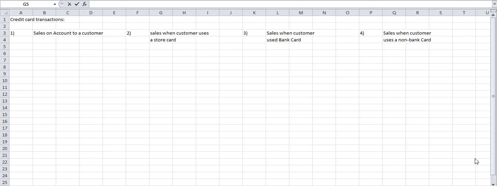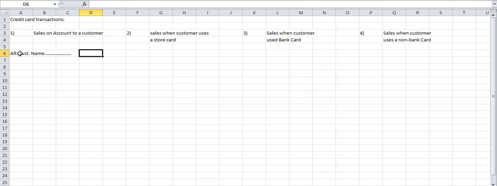So let's review where you see number one over to the left, where I have sales on account to a customer. Keep in mind that when you have a sale on account, the procedure is you would debit accounts receivable and whatever that customer name happens to be.